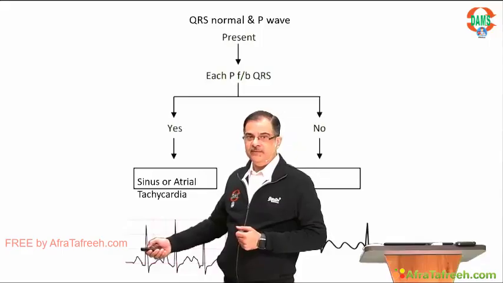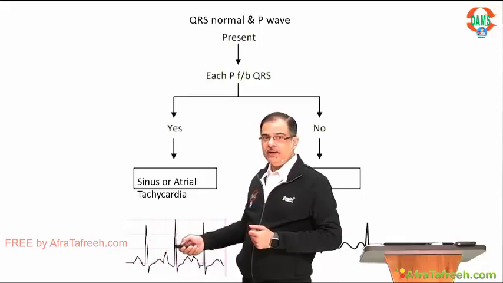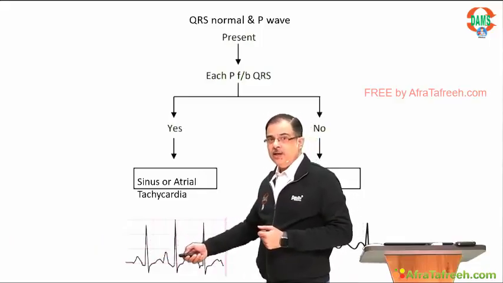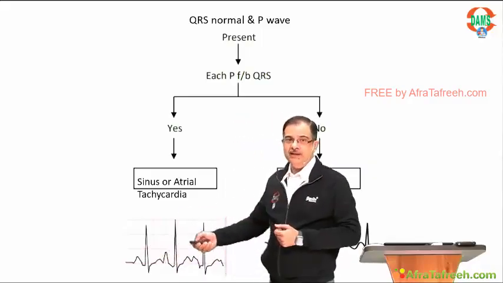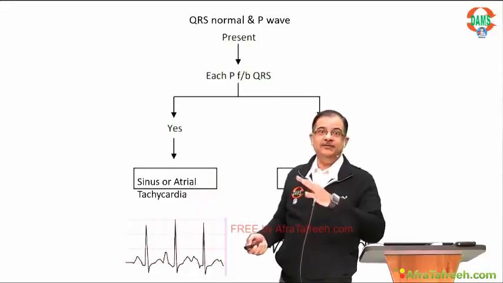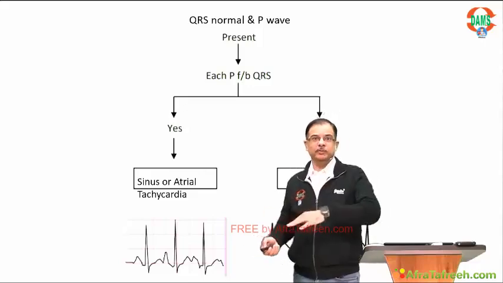This is the P wave followed by QRS, P wave followed by QRS, P wave followed by QRS. But these are different morphologies of the P wave. So this is most likely a case of atrial tachycardia. In atrial tachycardia, P waves have different morphologies, they are abnormal. So this is each P followed by QRS.